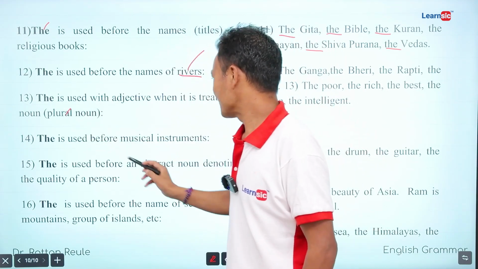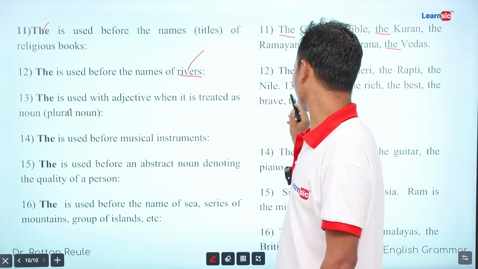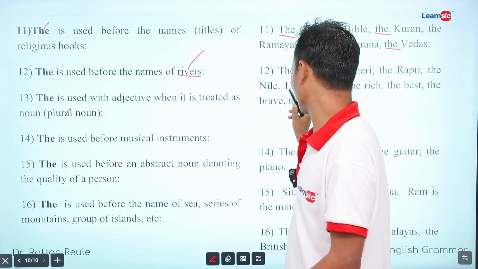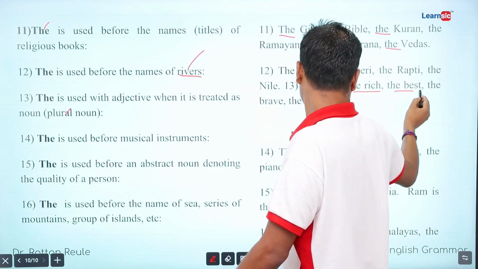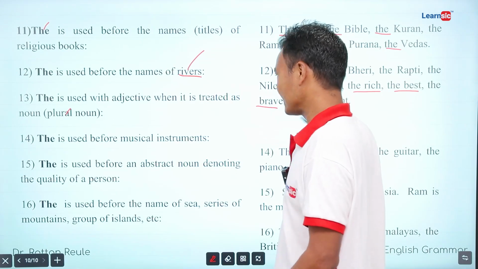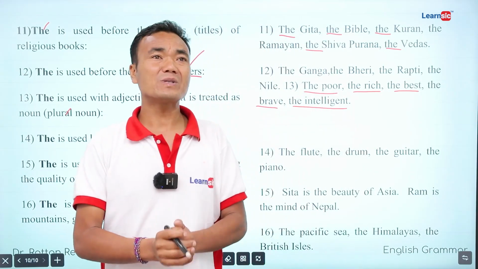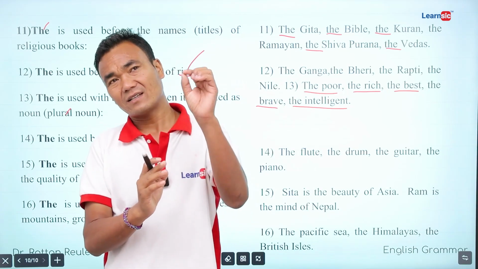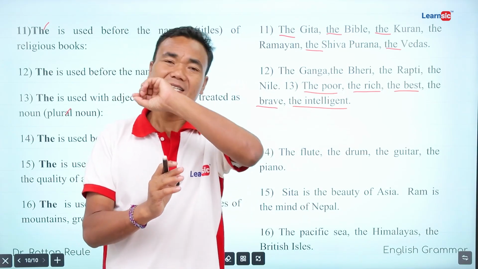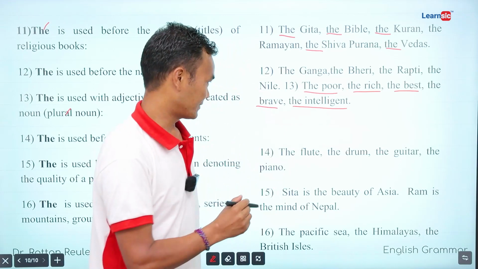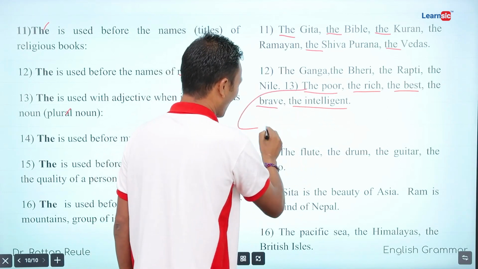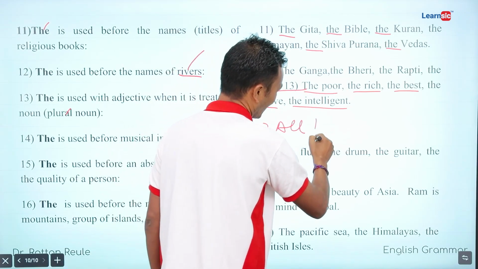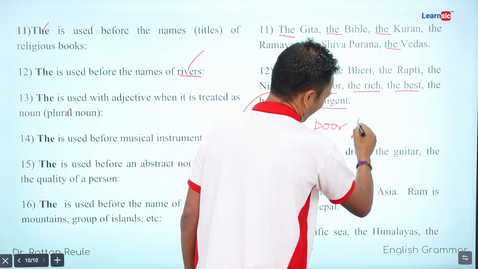Plural noun. So here is a wonderful example: the poor, the rich, the best, the brave, and the intelligent. When we use the article and an adjective, and that adjective stands for all people, right? So the poor means all poor people.